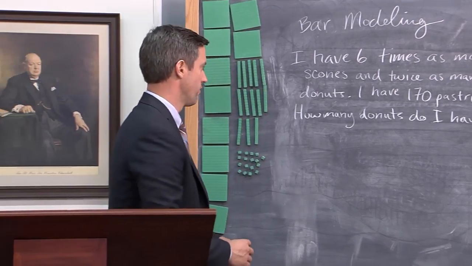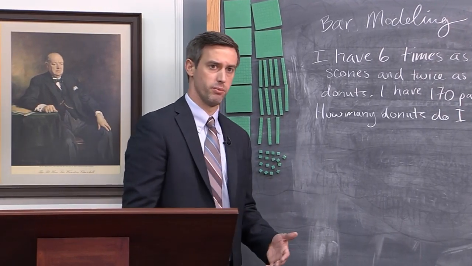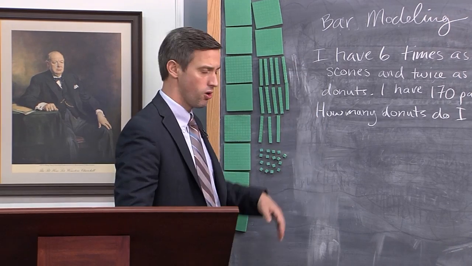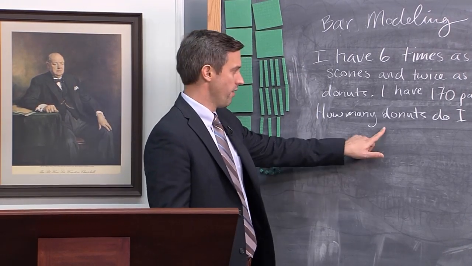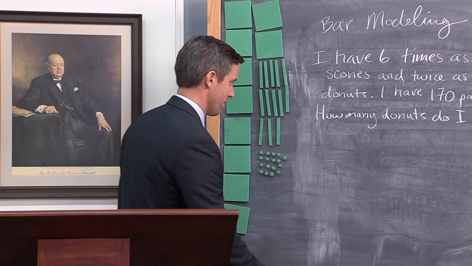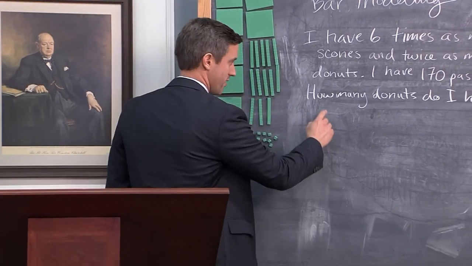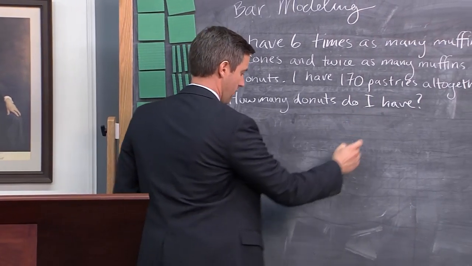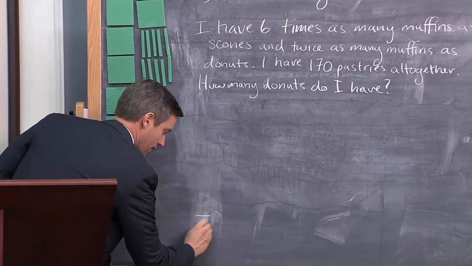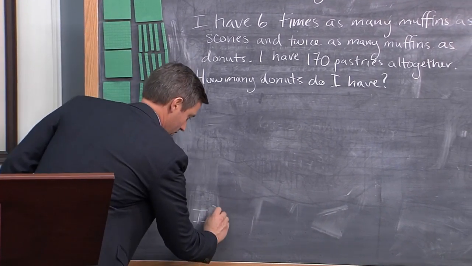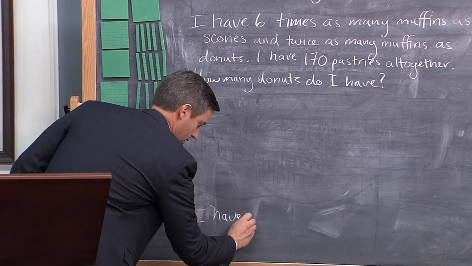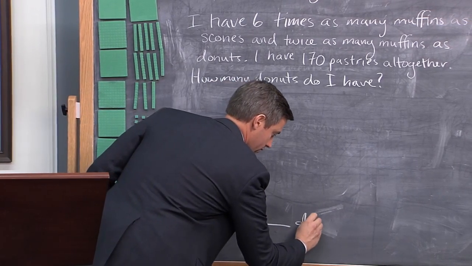The way that I would normally do this when I'm teaching is I would read the problem all the way through. I would rewrite my question in the form of a sentence. So it says, how many donuts do I have? I would rewrite it as I have blank donuts.